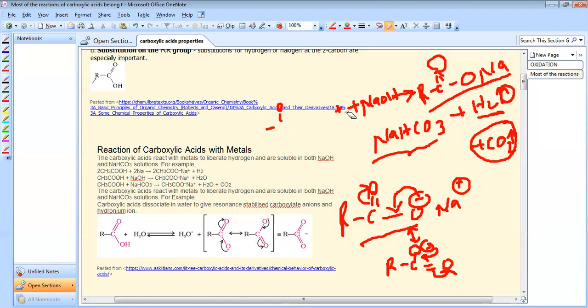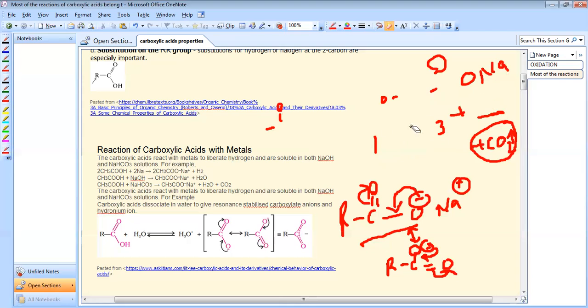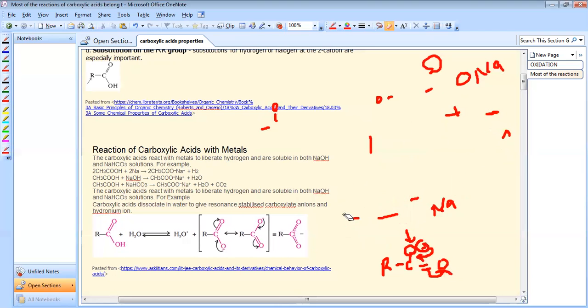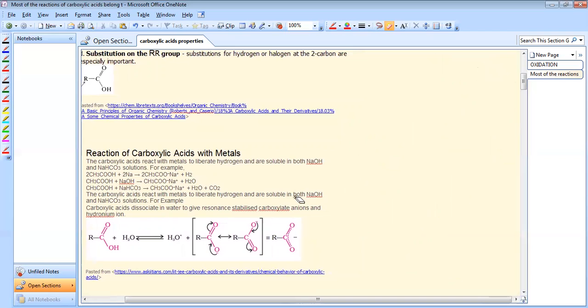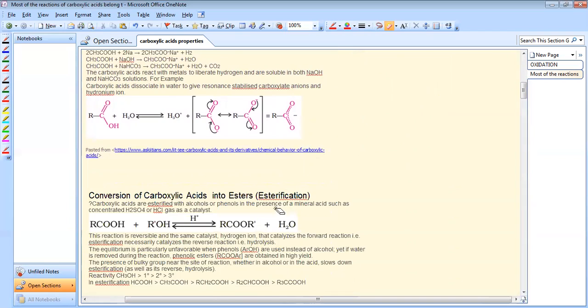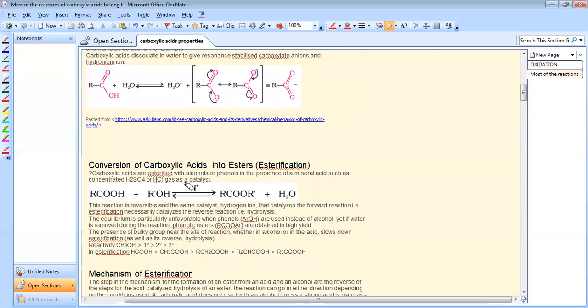Okay, so let's see the second type of reactions. What are those? The nucleophilic substitution reactions, which are facilitated by cleavage of the C-OH bond. That means here the outgoing nucleophile is OH minus. In that we learn about the formation of ester.